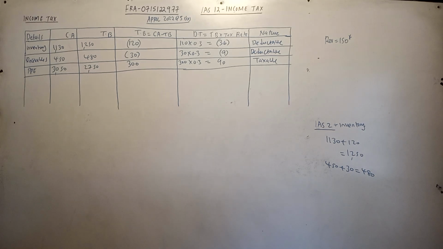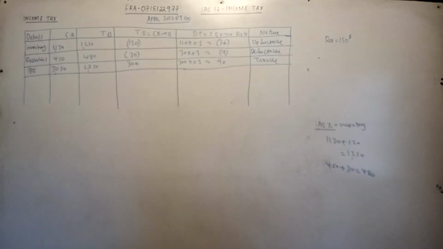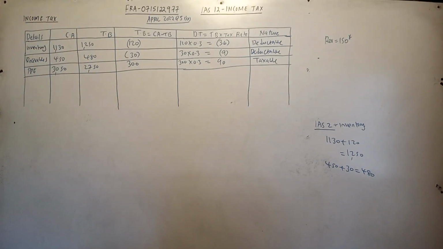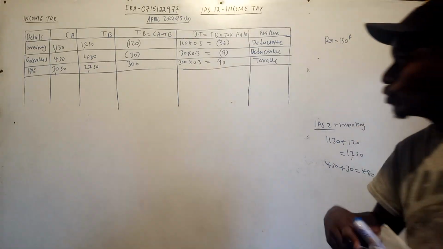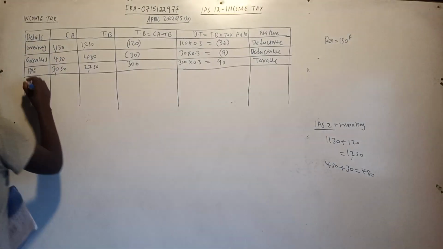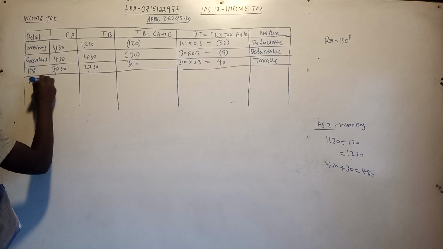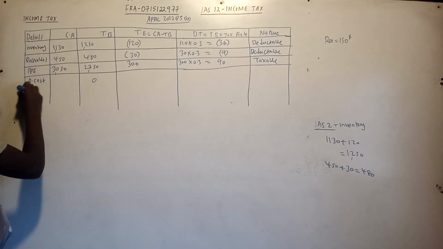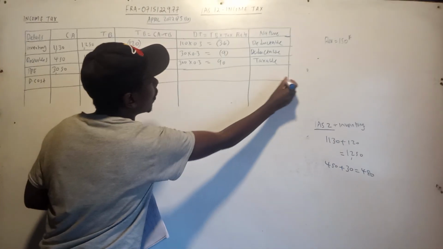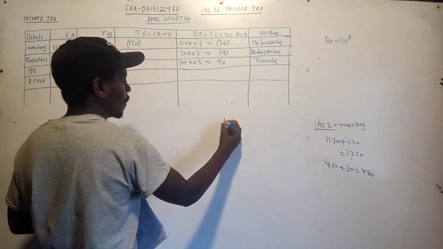Number 4. During the year ended 31st October, the development cost of 80 was capitalized. So when you see the word capitalized, that means that tax base is 0. So development cost. You need to know that the tax base is 0. But the other one is for 80.